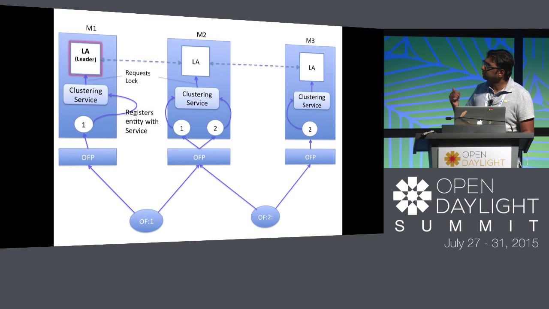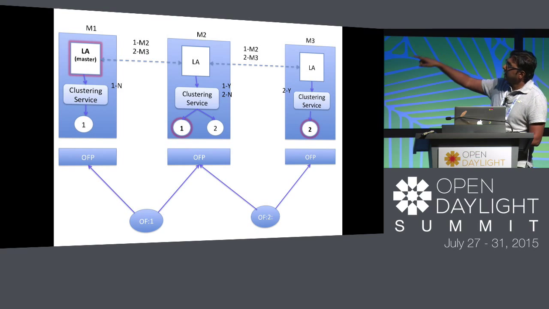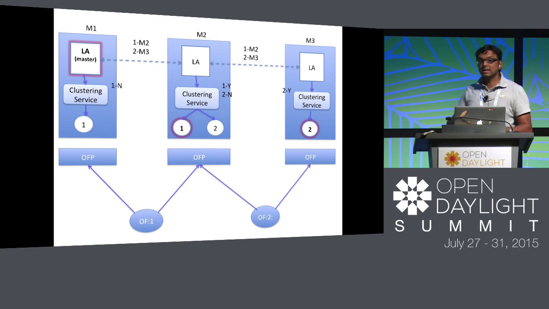And so it's going to request a lock, and it's going to get one. In this case, member 2 for OF1 has got one master over there, and they get selected. The way it gets selected can also be based on a strategy which can be plugged in by the app.